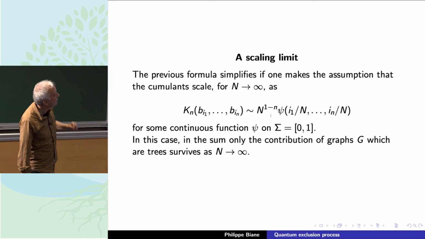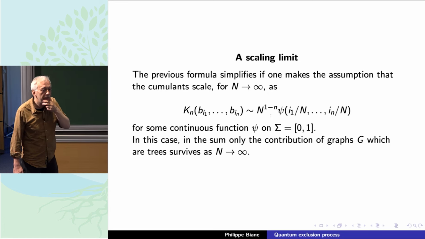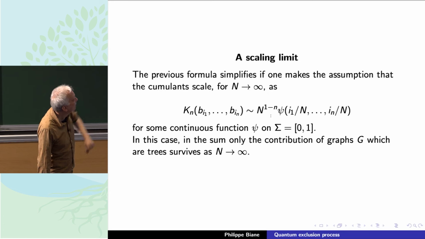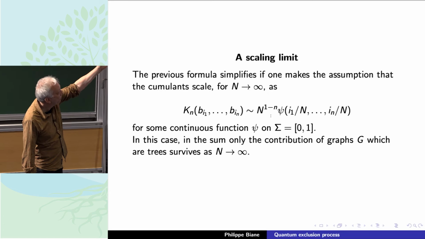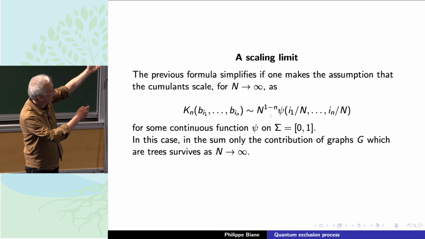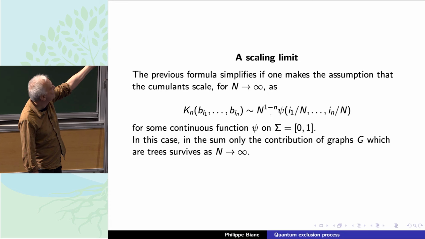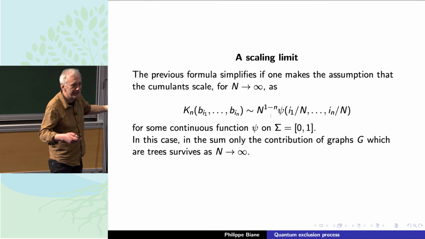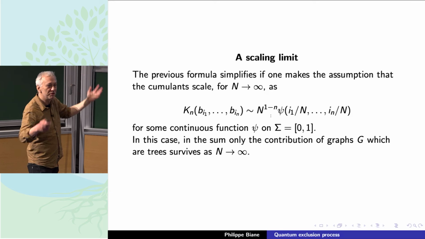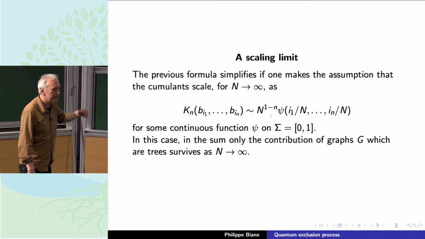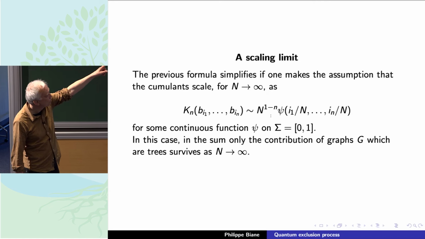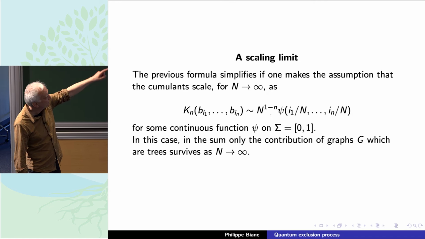And I assume that these converge to some function, say on [0,1]. There is no reason to index the variables by the interval [0,1]; if you want some other topological space, it doesn't matter. The important fact is that you have a limiting structure for the cumulants.